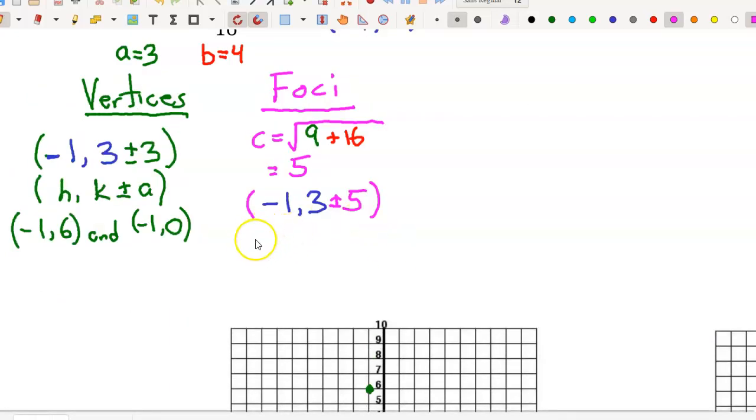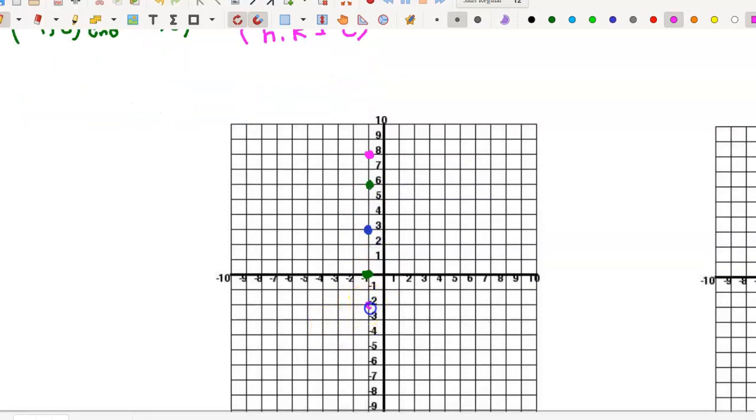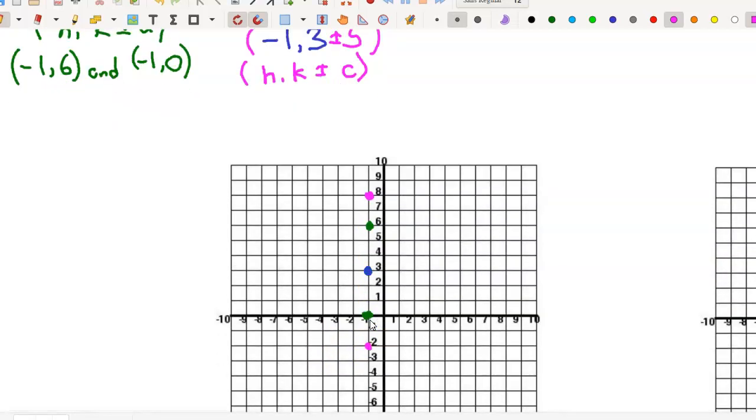Right, and in general, we could write it out in general too, why not? We could say that it's h, k plus or minus c to get the foci. So I'm going to go up 5 from the center, which is also just 2 more from our vertice points.